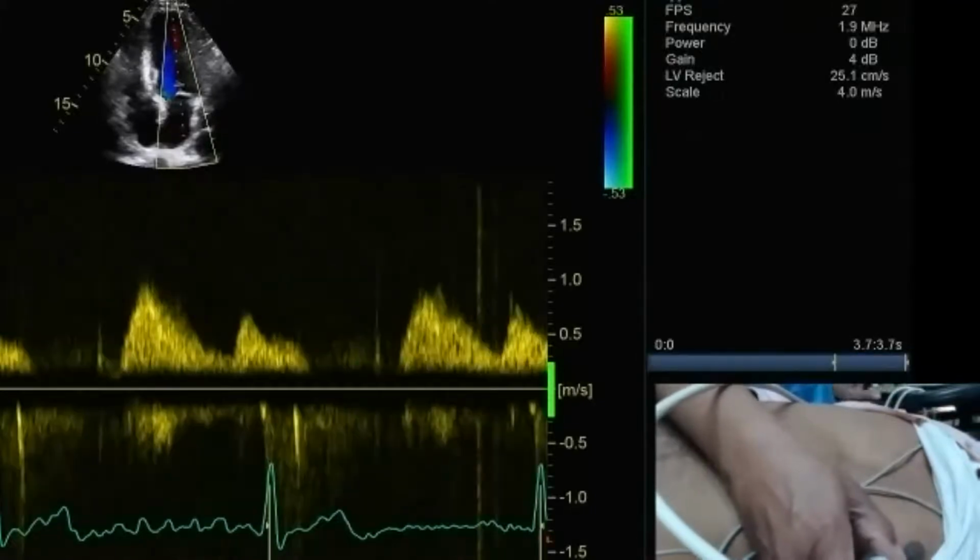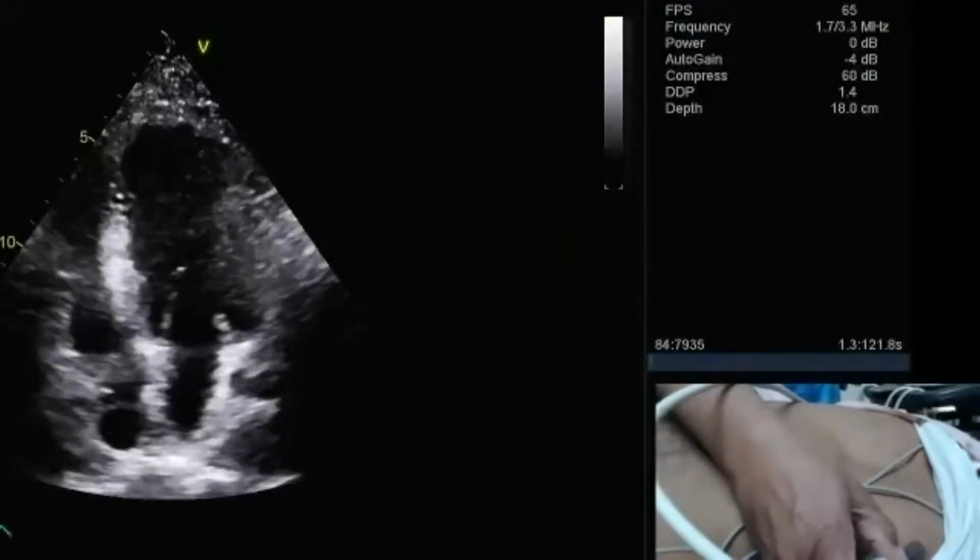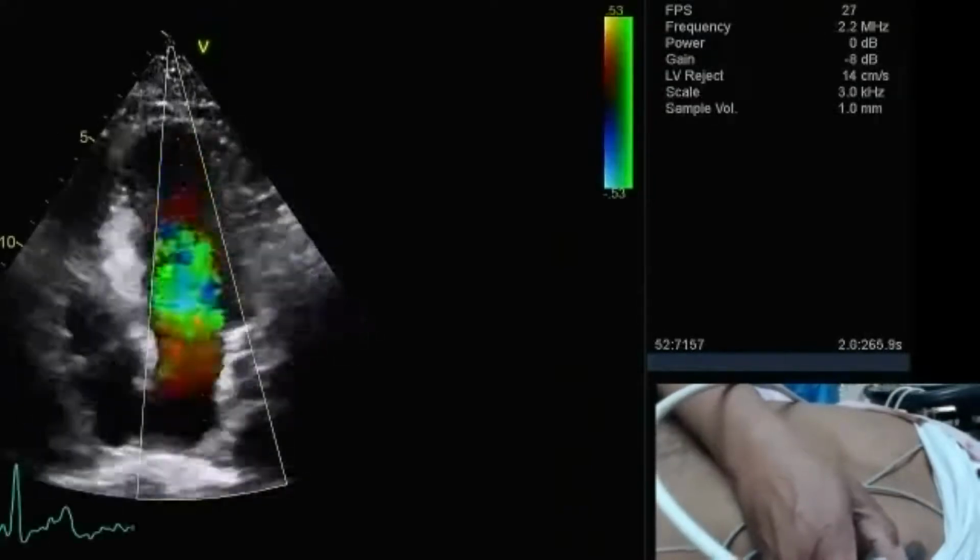This is continuous wave Doppler, where you can't see any gap between these lines, and now it's interrogating across the whole line. So this spectrum pattern is full now. Look at the spectrum pattern which was present earlier with pulse wave and the spectrum pattern with continuous wave Doppler.